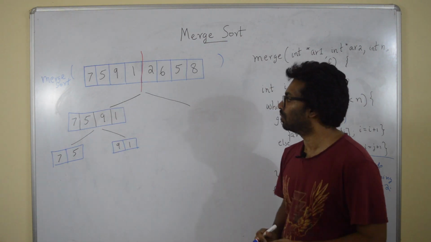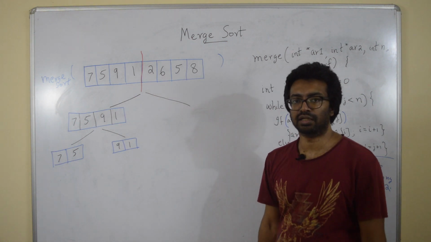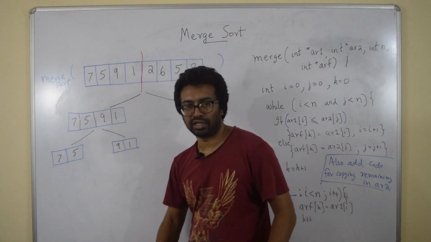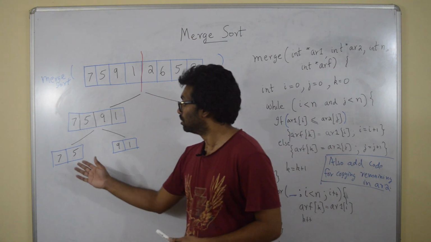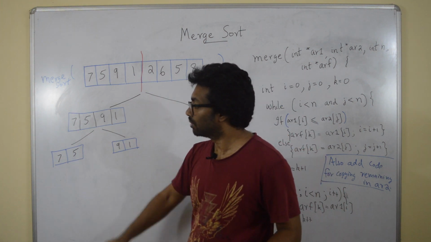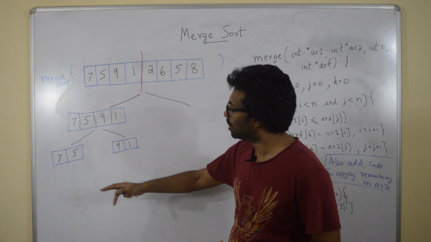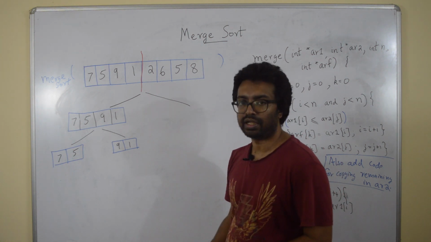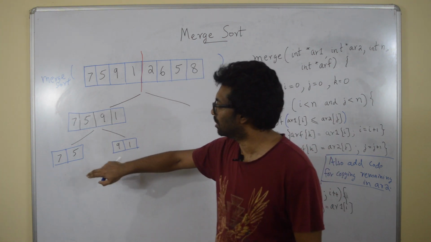Okay, now once you have reached a two-element array, what do you have to do? You just sort it, right? You just compare that. I mean, you can also think of merge sort calling this again and making it into two, one element each, but let's just keep this as the base case.